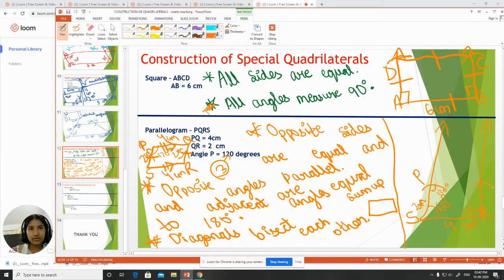So we cut an arc at 2 centimeters and mark it as Q. Then we can easily join these two and you will notice that this is 4 centimeters. So our parallelogram is ready with just 3 measurements. See, it's not like magic. You have to be aware of the properties of the square, or the parallelogram. That's why we are able to construct.